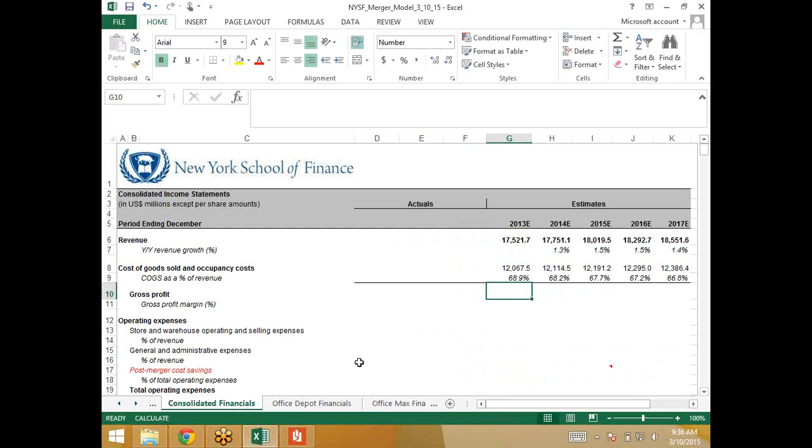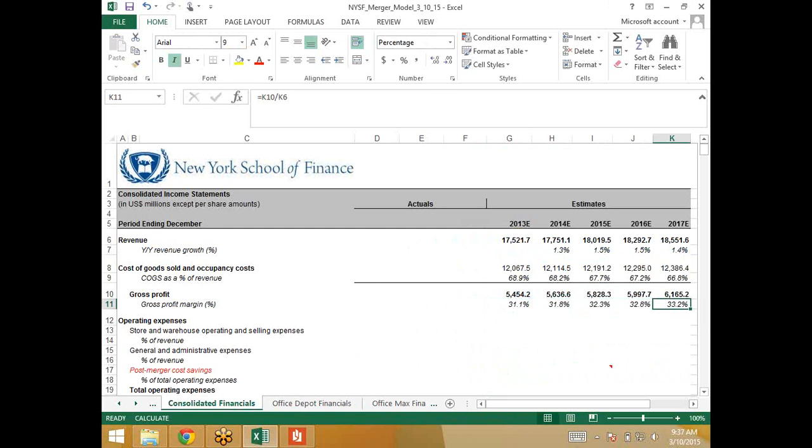So you guys should be familiar with putting together an income statement. And gross profit is revenue minus COGS. And we can calculate the margin by taking gross profit divided by revenue.